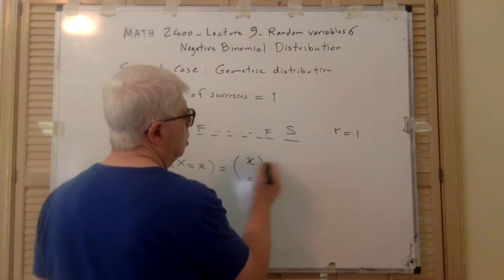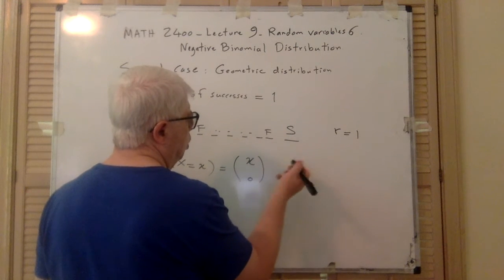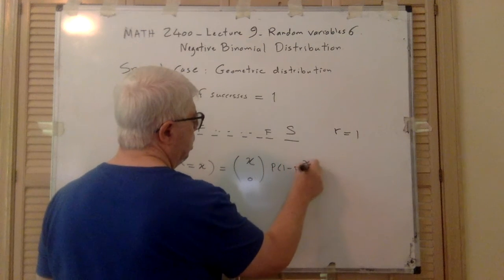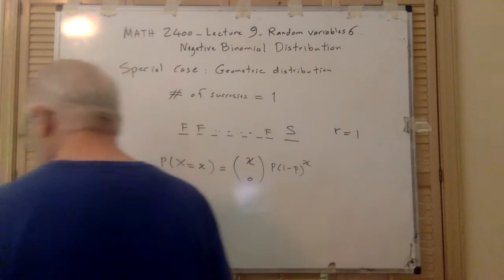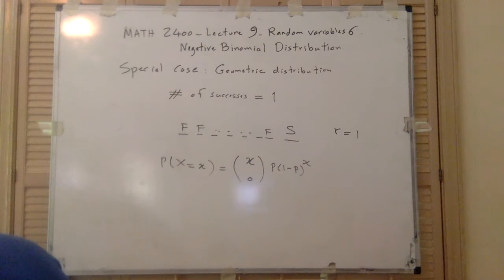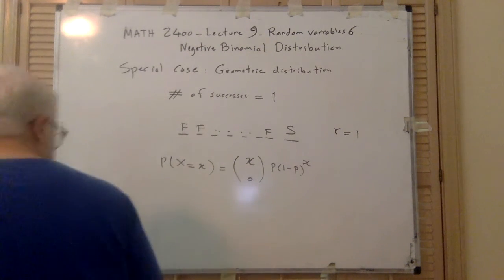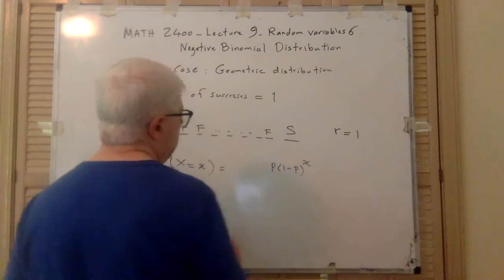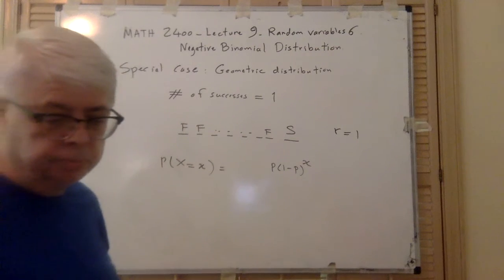Now let me double check. So that one of them will be p times 1 minus p to power x. R is a number of stuff. Okay, so that's simply p times 1 minus p to power x.